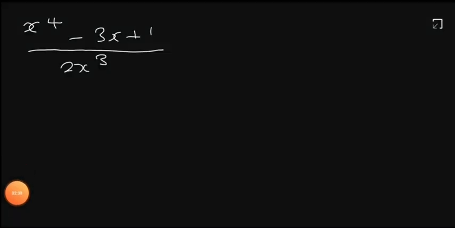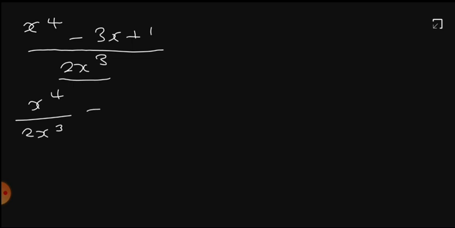Integrate this function with respect to x. Know that the 2x cubed here is dividing each part of the function. So we are saying this is the same as x to the power 4 over 2x cubed, minus 3x over 2x cubed, plus 1 over 2x cubed. Now we can simplify.